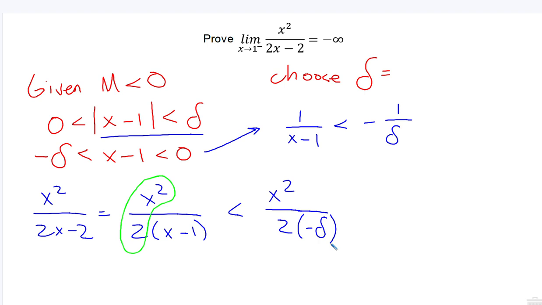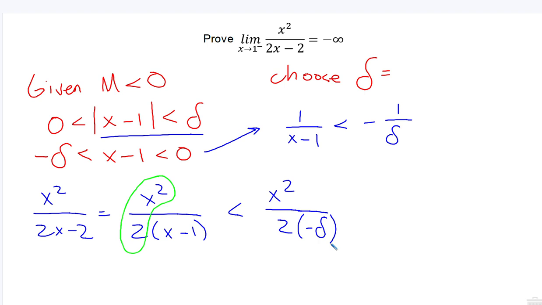Now, let's think about the rest of this. The 2 doesn't really matter. The 2 is fine there because as long as I can show that my function is less than something that's all in terms of constants and deltas, then I'm good. But I still have this x squared there, so I have to think about what's going on with the x squared. How can I show that x squared is less than something else?